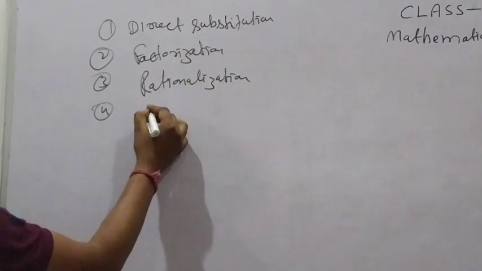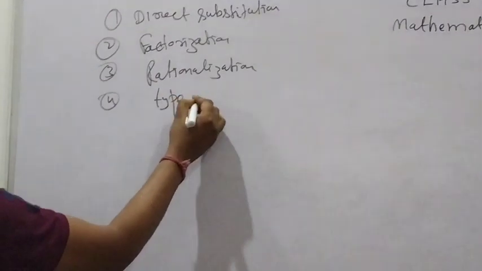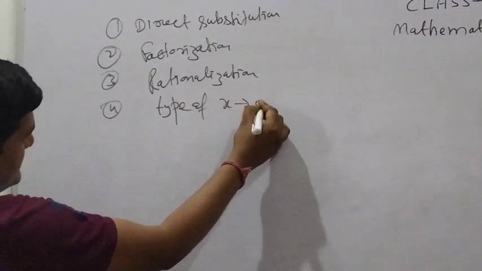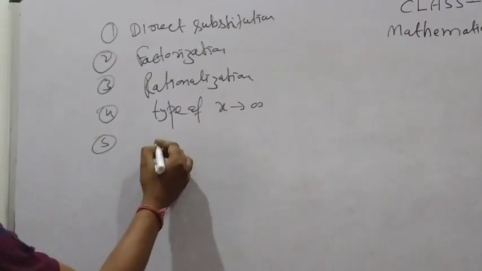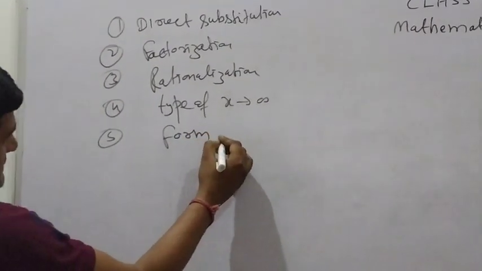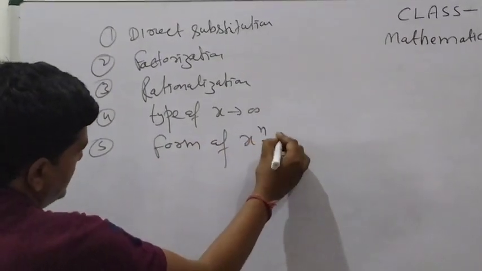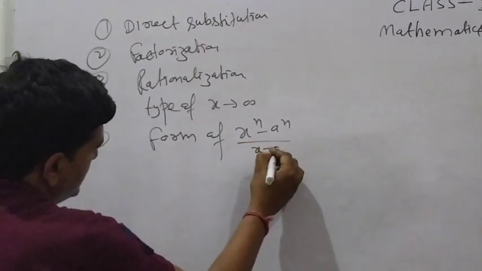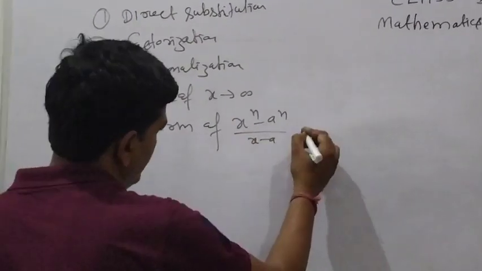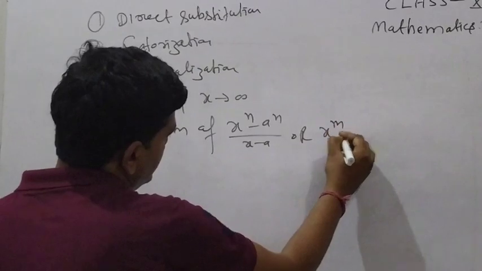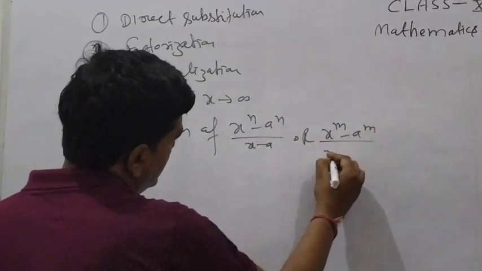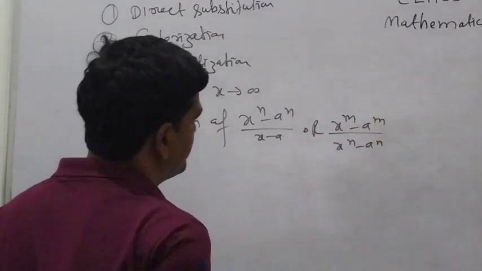Fourth one, the type of x tends to infinite. Fifth one, the form of x power n minus a power n upon x minus a, or x power m minus a power m upon x power n minus a power n.